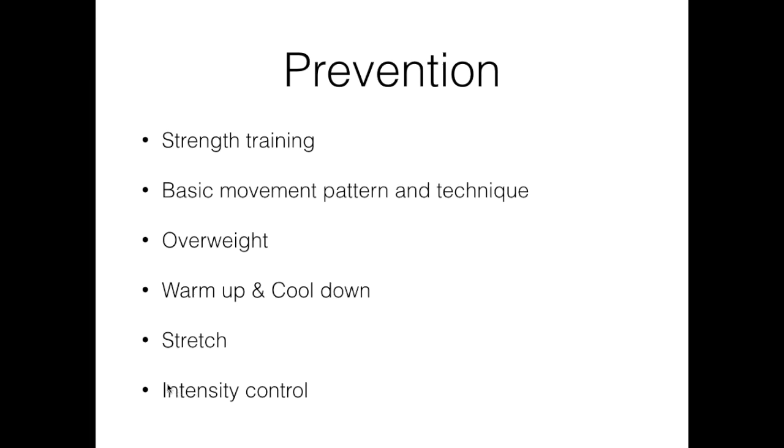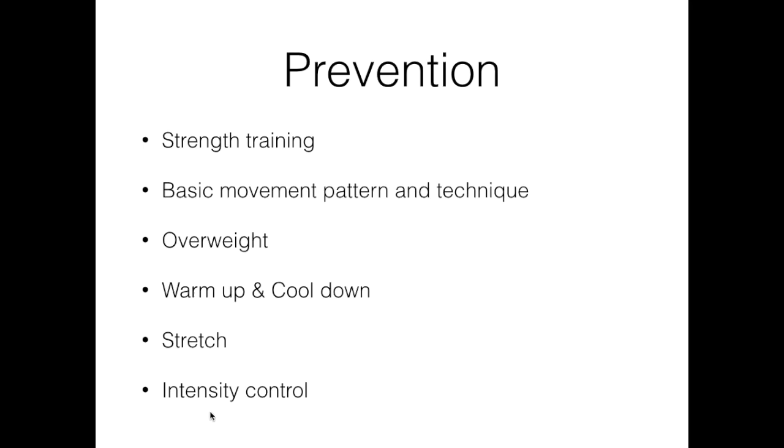And then we also have the intensity control. For example, if you are running at 8 kilometers an hour, you want to increase your intensity, but you don't want to increase it such that there's a big jump. You are doing 12 kilometers an hour. That's not realistic, so you don't increase it in such a manner.